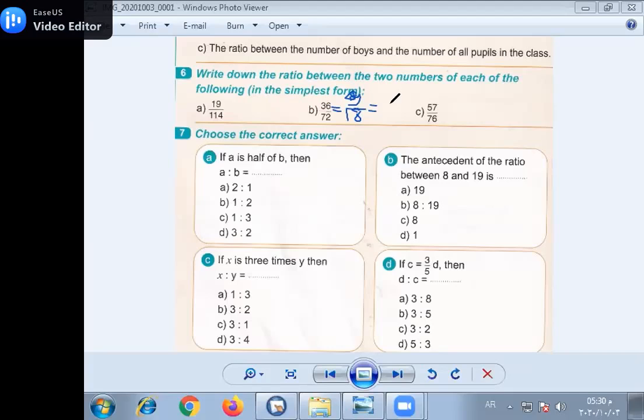Excellent. It equals 1 over 2. Thank you.